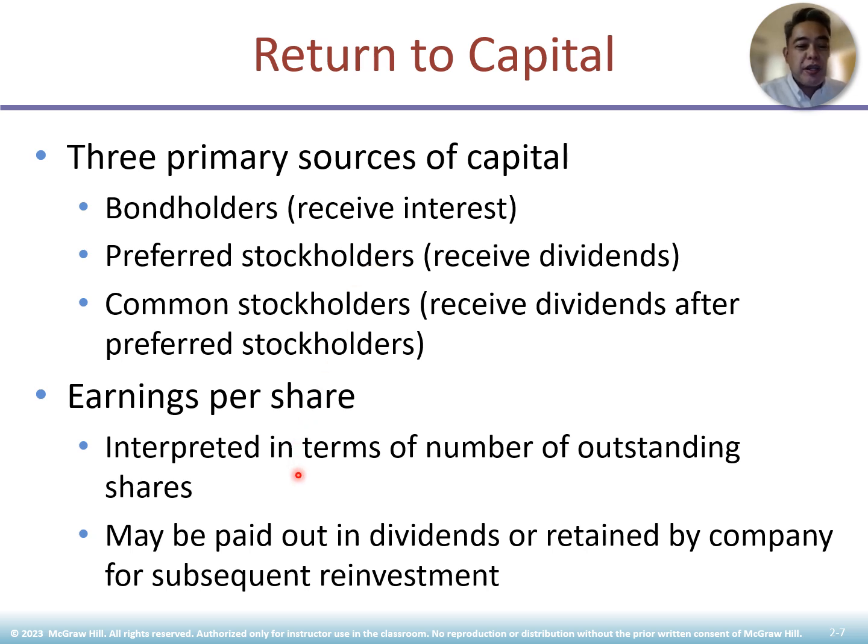Now, earnings per share is basically your earnings after you pay your preferred shareholders, divided by the number of common stock that you issued, and it's interpreted in terms of the number of outstanding shares, like we've seen with Kramer on the examples a while ago. It may be paid out in dividends or retained by the company for subsequent reinvestment.